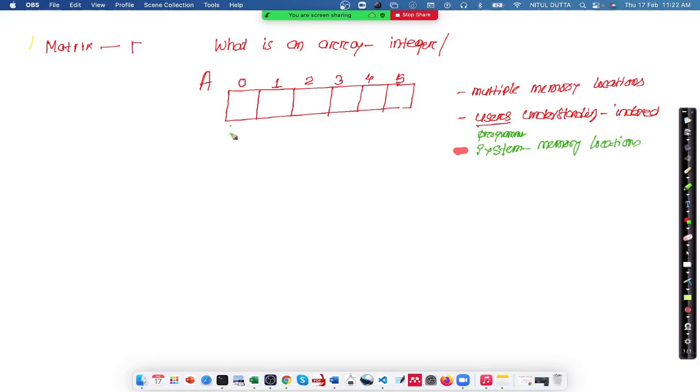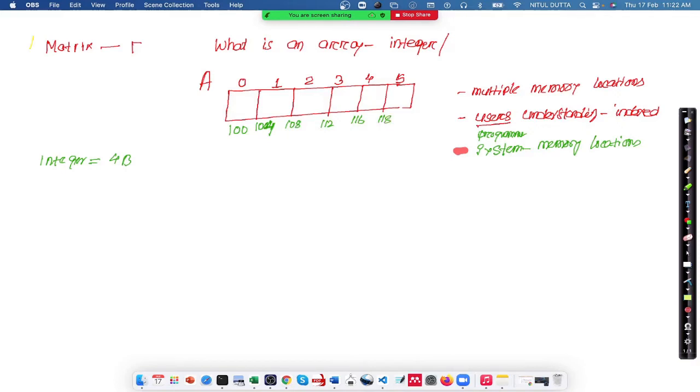So if the address of this location is 100, then the next contiguous location will be 104, provided integer takes 4 bytes. Then the next one will be 108, 112, 116, 120, and so on and so forth.